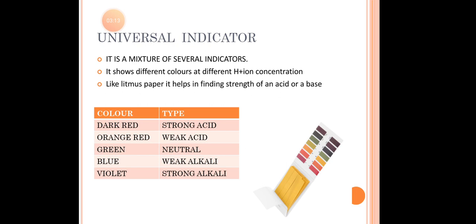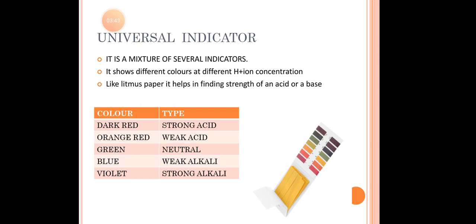Looking at the tabular column, you will understand that if you dip the universal indicator into the given solution and it turns dark red, then the solution should be a strong acid. If it turns orange red, the solution in hand is a weak acid.